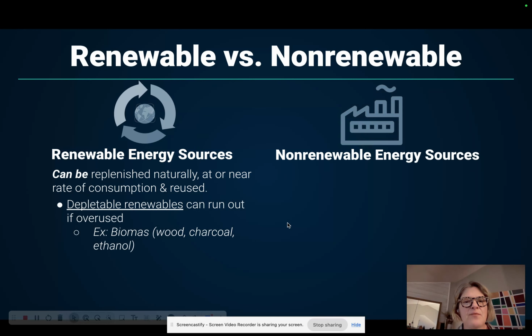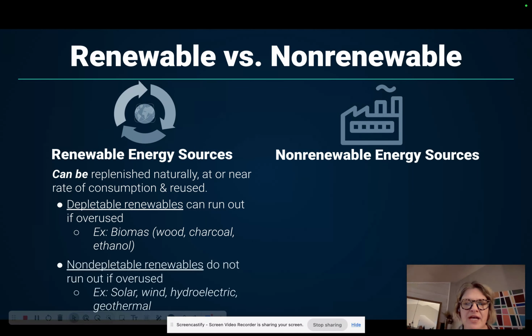One of the important things to realize with renewable energy resources is that there are two types of renewable energy resources. There are depletable renewable resources and there's non-depletable. So, depletable resources can actually run out if they're overused.